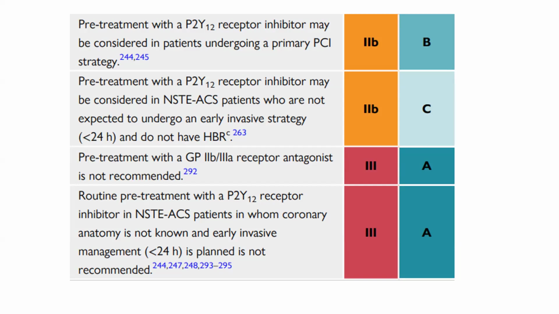For those who are going to have PCI, the pretreatment with P2Y12 showed no benefit in patients with non-ST elevation acute coronary syndrome. Pretreatment with GP2B3A receptor antagonist is not recommended. Like we said, it is for bailouts, and routine pretreatment of P2Y12 inhibitor in patients whose coronary anatomy is not known and early invasive therapy is planned is not recommended.